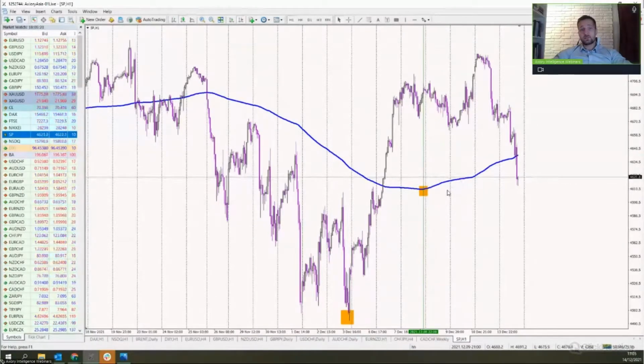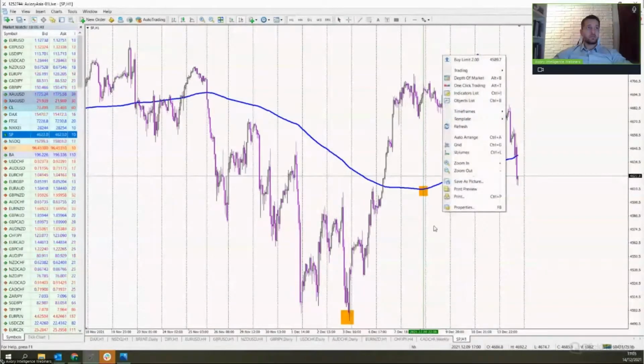There are different ways to trade moving averages. You can trade the direction change of the moving average, or you can trade crosses of the moving average with the price, and you can trade crosses of different moving averages.